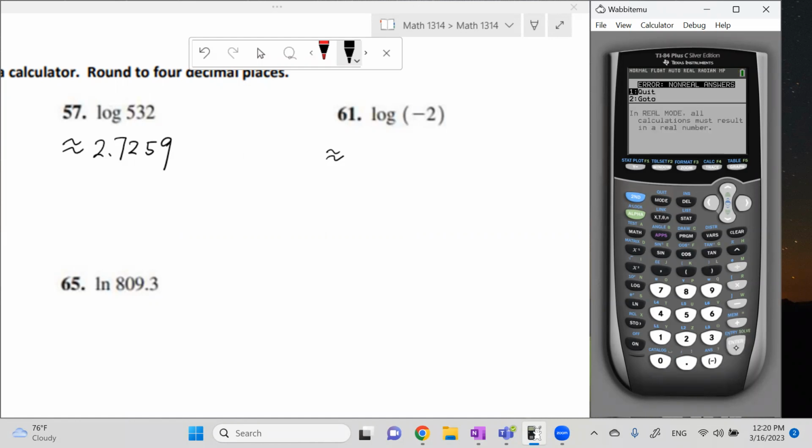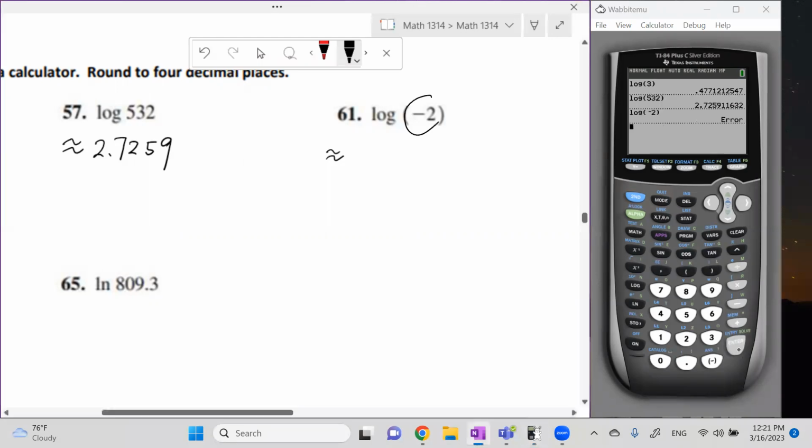So hit enter. No, because that's wrong. I shouldn't have a negative 2 here. I must have something greater than 0. Negative 2 is negative, so I cannot have any solution for this. I will put no solution.